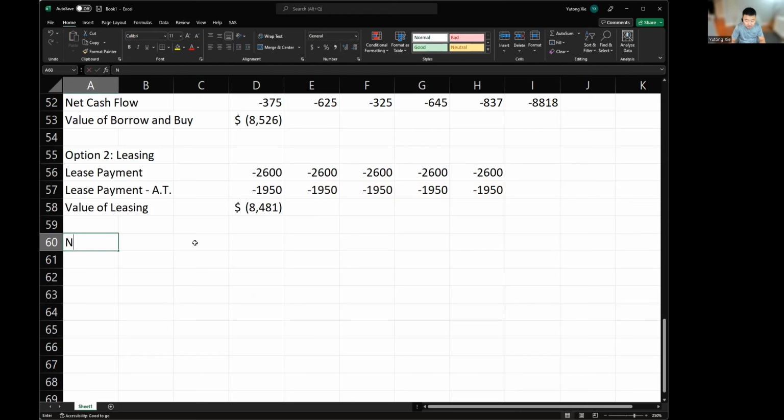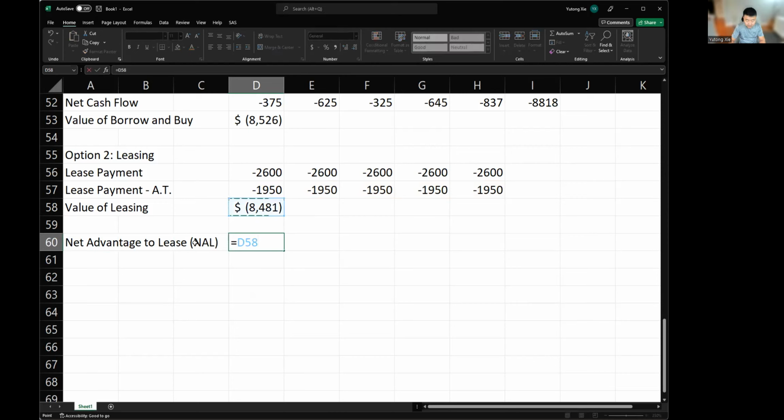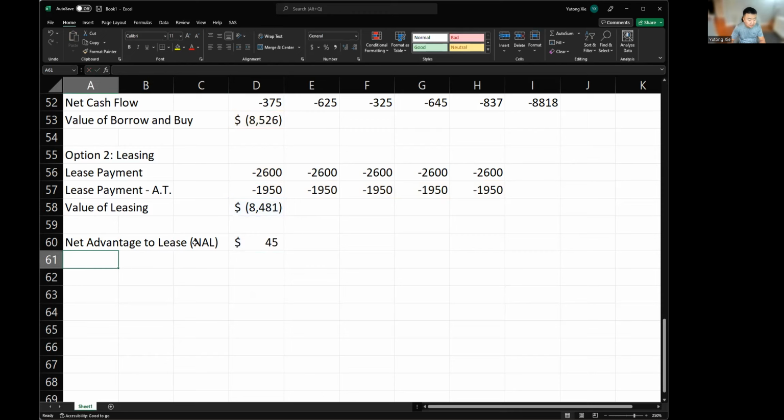Okay, so NAL, net advantage to leasing, will just be the value of leasing minus the value of borrow and buy. So you got 45. This is greater than 0, right? So we can have another if statement.